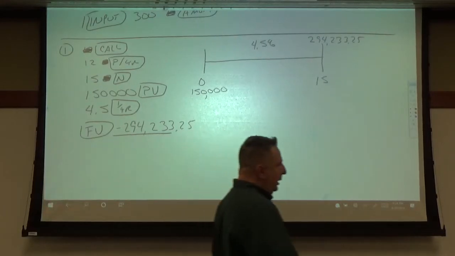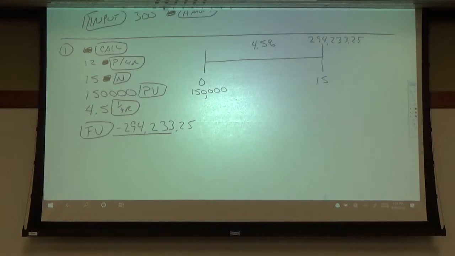Okay. The calculator looks at everything as an inflow or an outflow, whenever it comes to present values and payments and future values. Who is receiving money, who is giving money. Either way, receiving or giving, all right? Because there are two perspectives to every transaction.